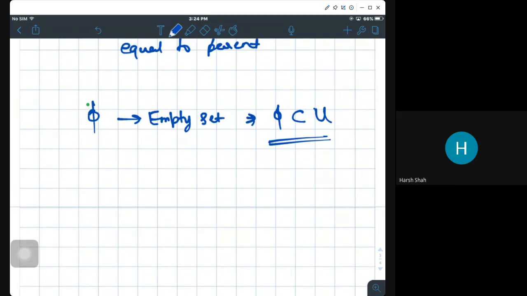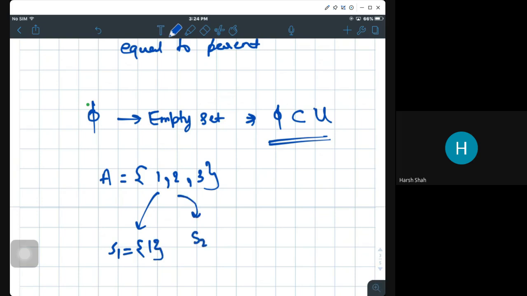Let's say I have this universal set as 1, 2, 3. Now the choices for my subsets are: I'll take 1, this is a subset S1. My second subset is, let's say, 2. My third choice is to combine and take 1 comma 2. My fourth subset is 3.